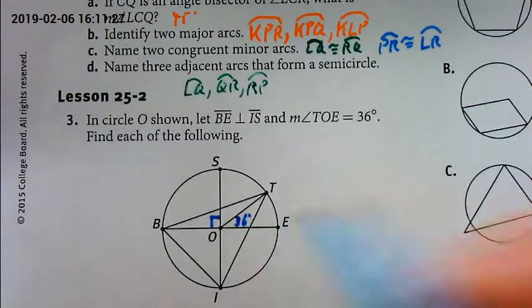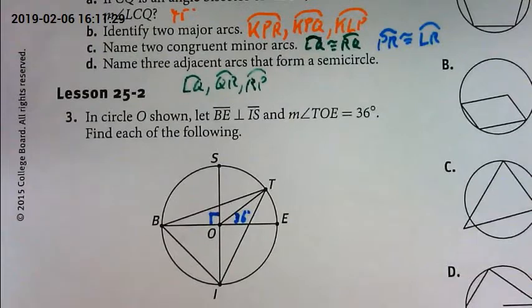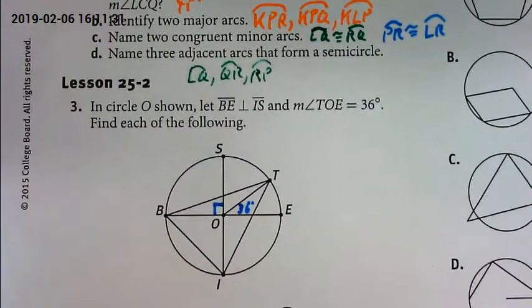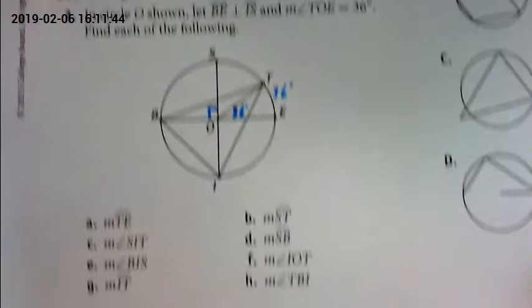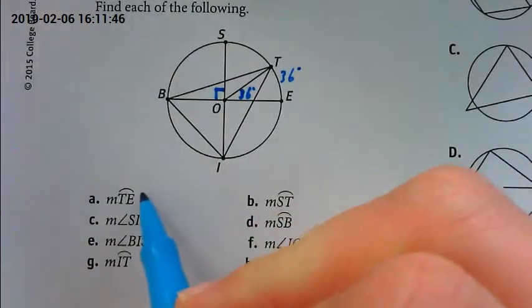So now, first thing I should know from that one is if I know that angle, which is a central angle, the arc that it intercepts is also 36 degrees. And again, that's our first question. That gives us the answer to A.